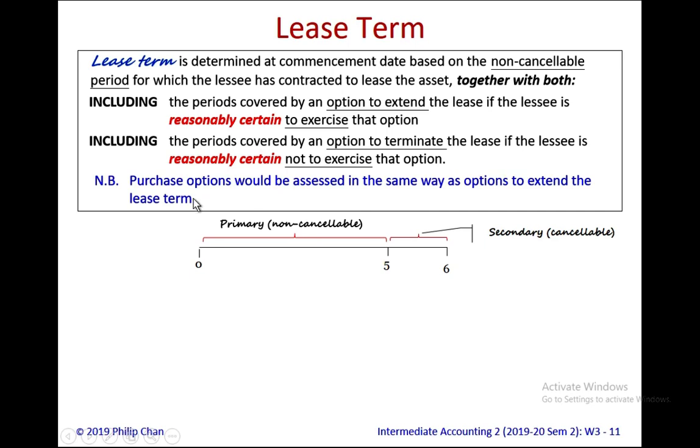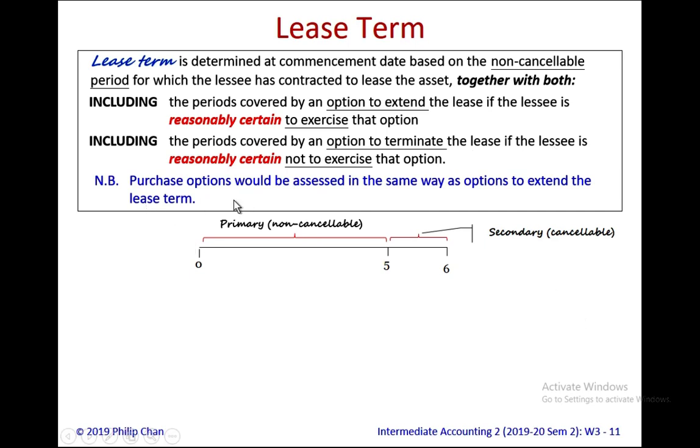The final one here as a note: notice that here we talk about the option to extend, like lease renewal options or a secondary period, allowing the lessee to decide whether it wants to lease the asset further or not. However, sometimes in a lease agreement, the lessor may offer the lessee an opportunity to buy the asset at the end of the lease term.